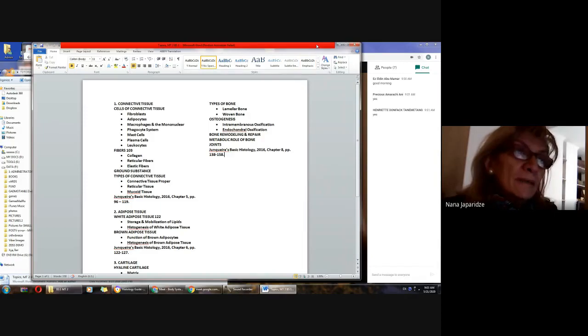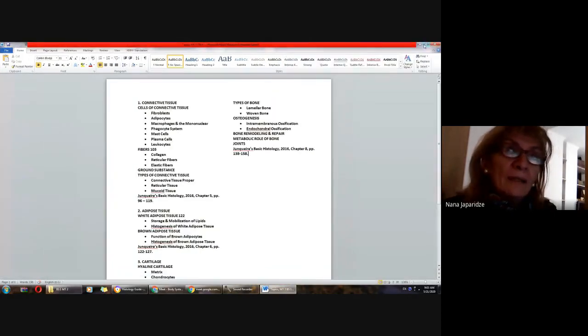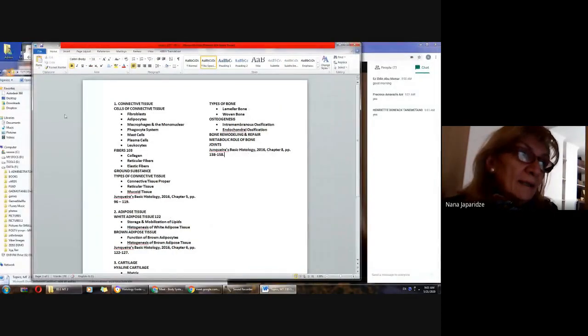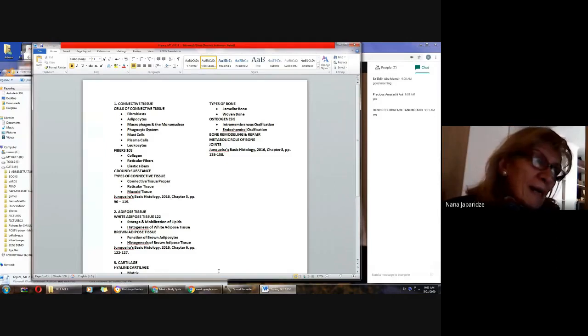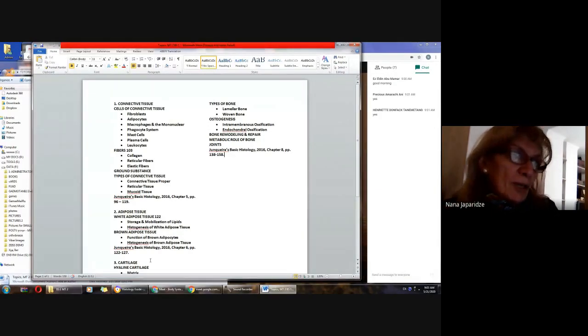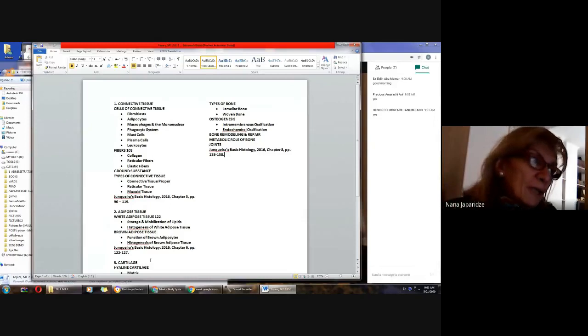So you see that you have quite a lot of types of cells in this part of histology: connective tissue, proper connective tissue, specialized and embryonic connective tissue.